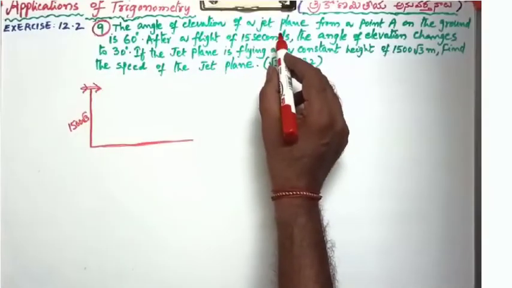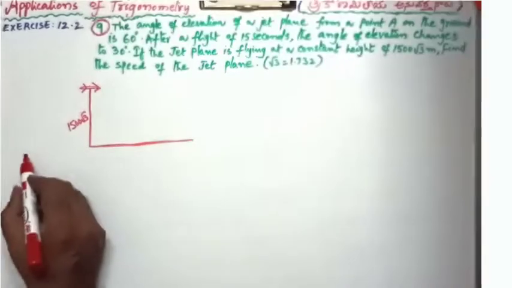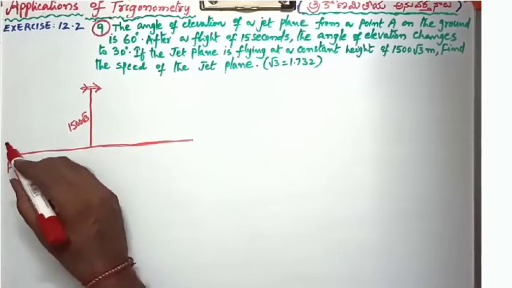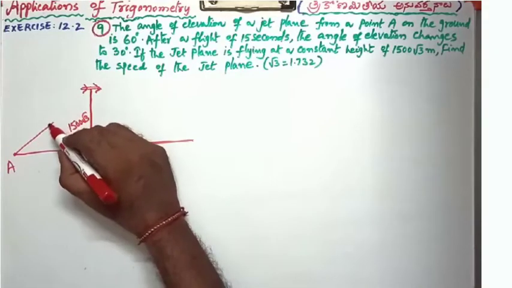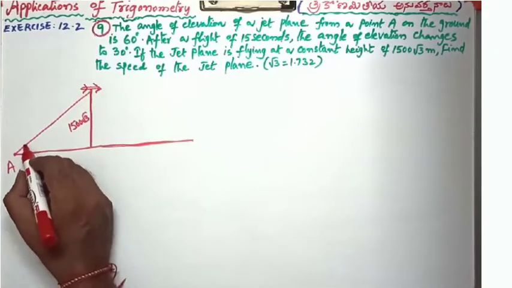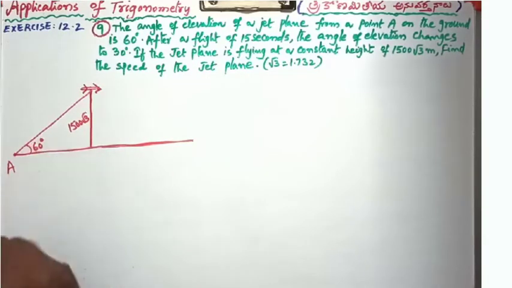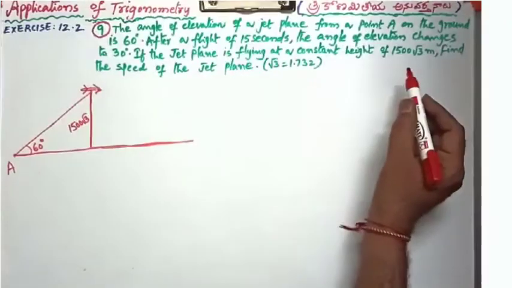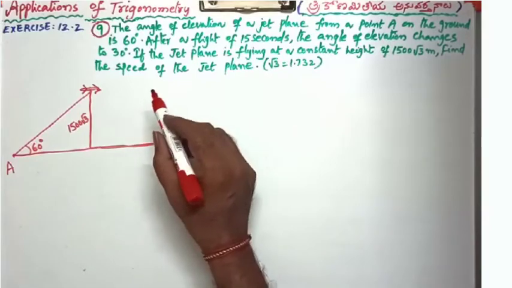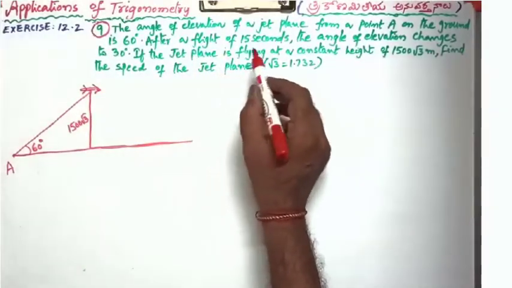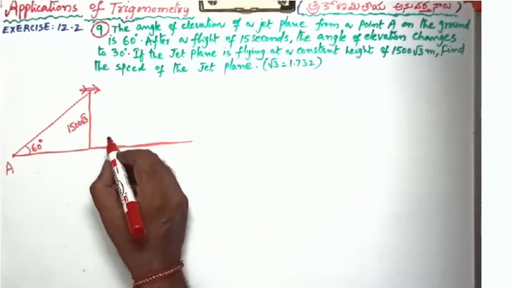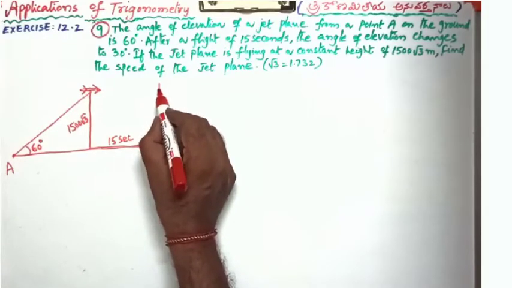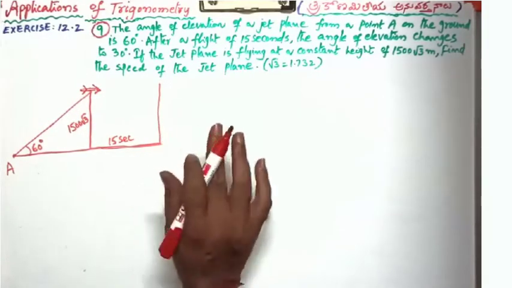The angle of elevation of a jet plane from a point A, suppose this is the point A. So the angle of elevation is 60 degrees. If the jet plane is flying at a constant height of 1500 root 3 meters, and next after a flight of 15 seconds, it travels some distance.